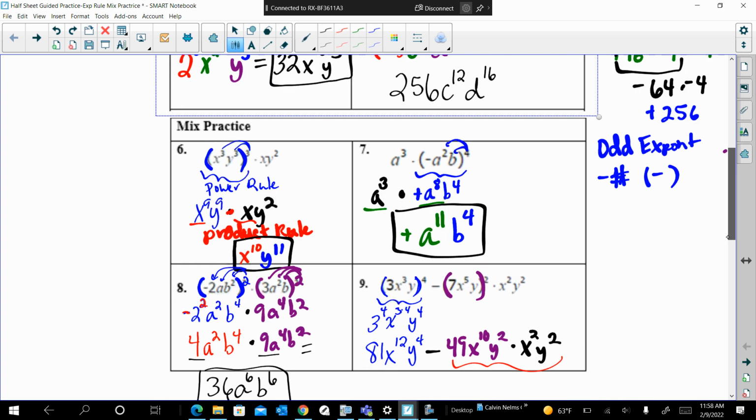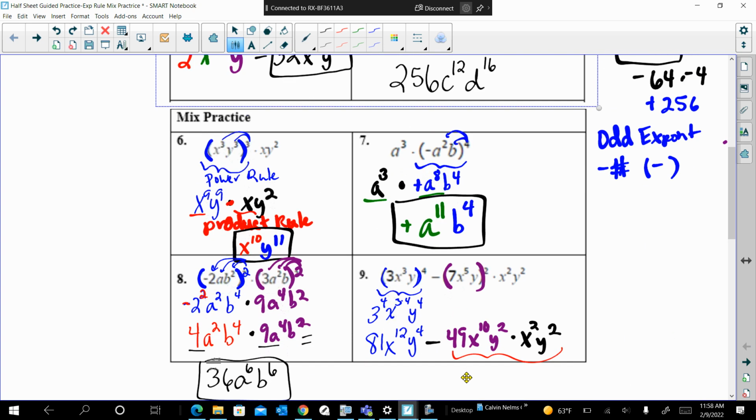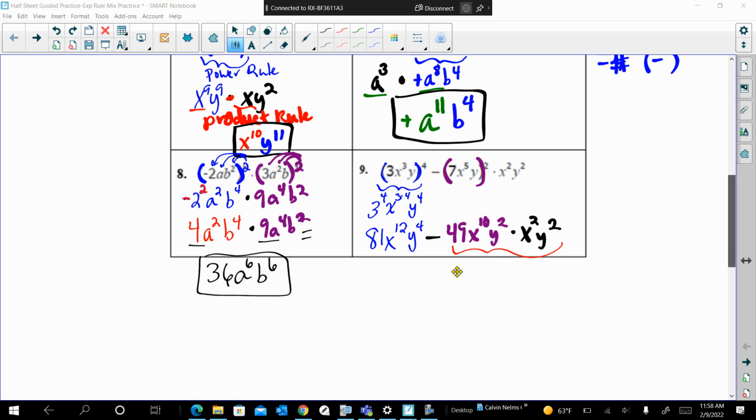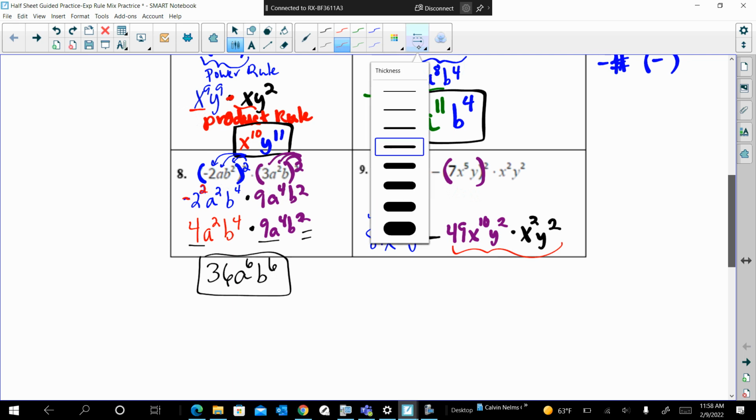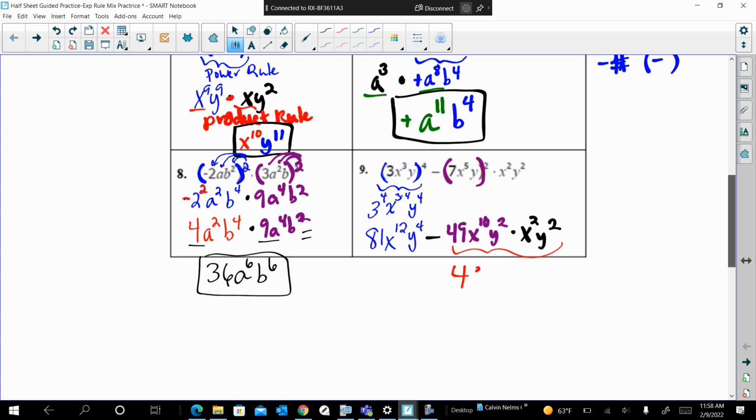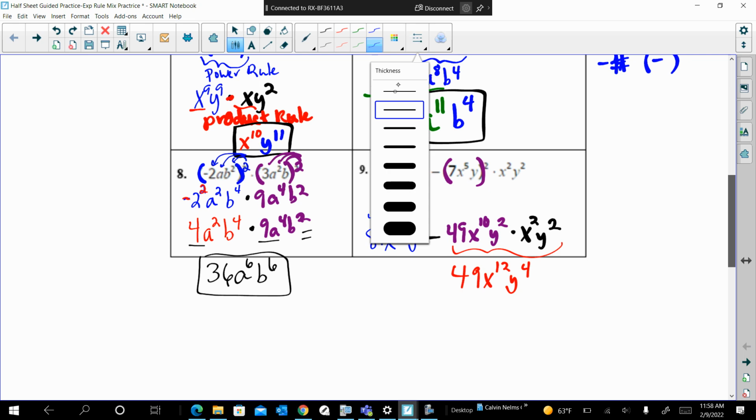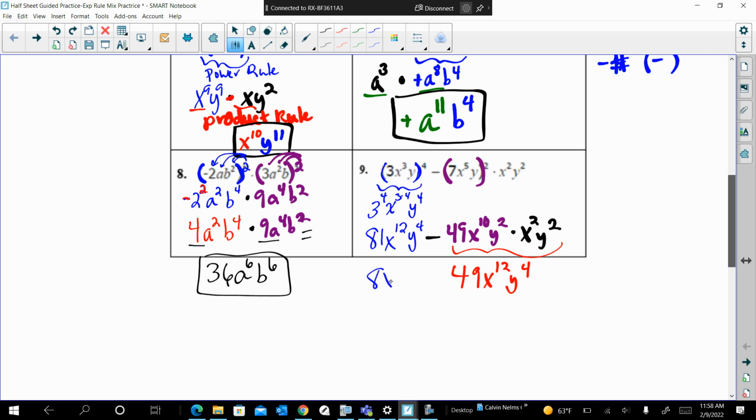All right, so this one right here is still a coefficient of 49. But now it's x to the 12th, y to the 4th. You should have added those exponents. And we had the 81 x to the 12th, y to the 4th. Okay, and we're subtracting them.